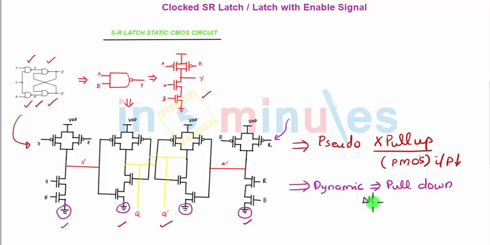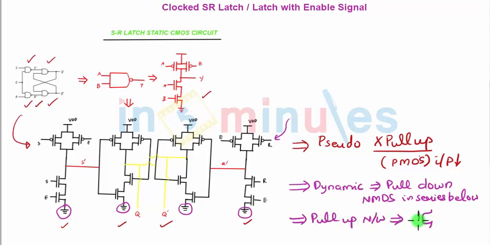So this is one thing which will change in dynamic. Another thing which will change is the pull up network would be replaced by a PMOS having its input as clock or phi, and the same input will go to this NMOS transistor as well, which is connected in the pull down network, and this will become my dynamic circuit.